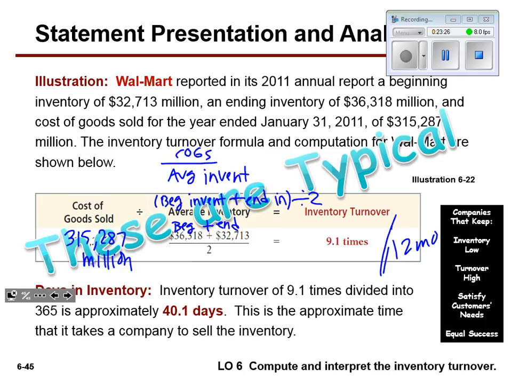From there, we would take 365 divided by 9.1 to find out that's happening every 40 days. 40.1 days to be specific.